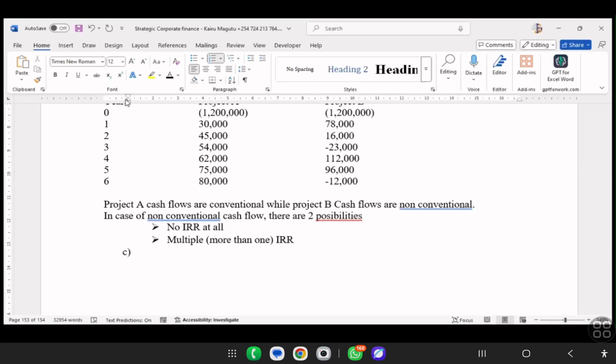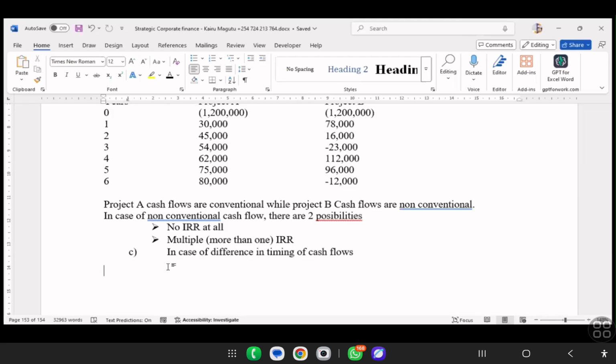So number C, we talk of in case of difference in timing of cash flows. In case of difference in timing of cash flows, this is about the cash flow pattern.